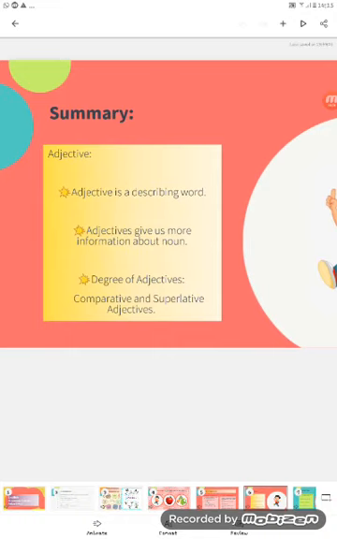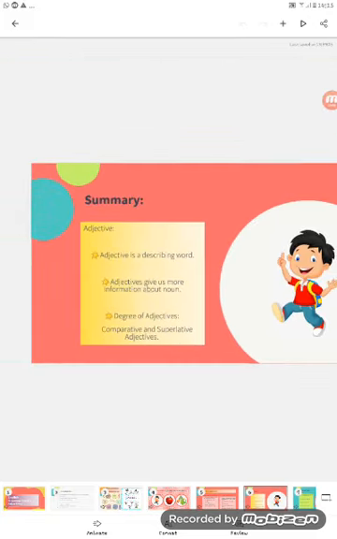Let's have a summary and overview of what we have done in this video so far. Okay, adjective is a describing word. Adjectives give us more information about a noun, and we also discussed the degree of adjectives, comparative and superlative adjectives, right? In comparative we compare two nouns, and in superlative we compare three or more nouns.